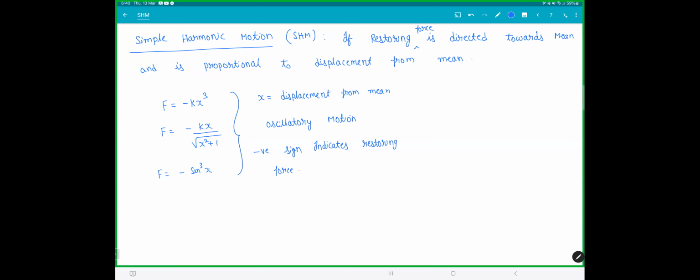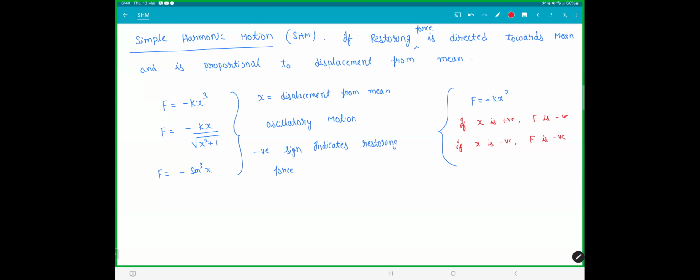Tell me one thing. What about this guy? F is equal to minus kx square. Is this oscillatory? Why? Ask yourself. If x is positive, force is negative. Fair enough. If x is negative, force is still negative.